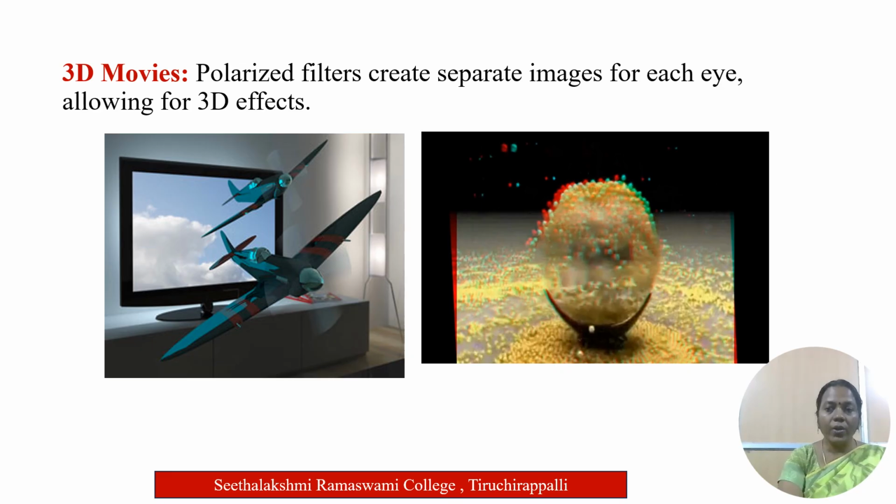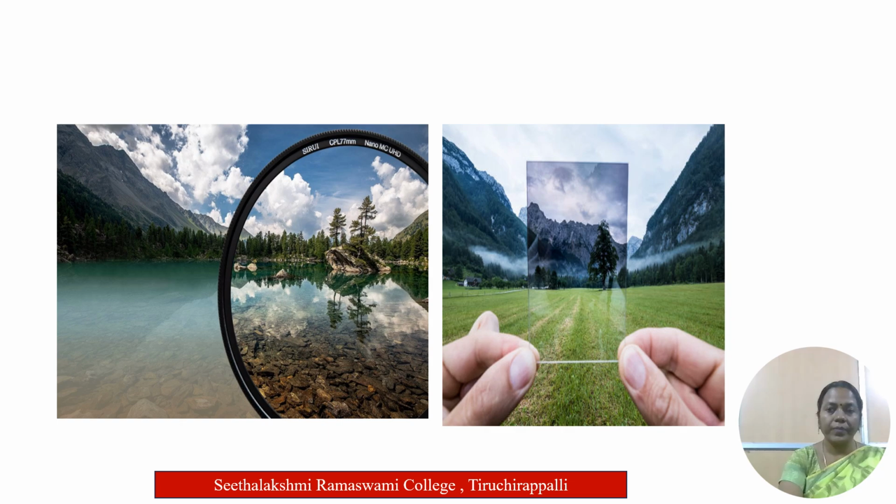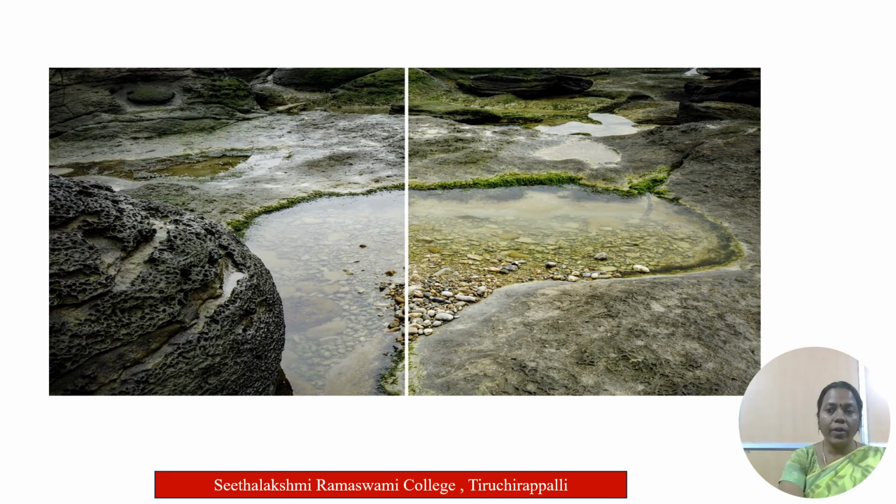And Polaroids are used in 3D imaging and movies through polarized light technology, which enables stereoscopic vision. Polaroid provides comfort for people sensitive to bright light or reflections. Polaroids cut glare from water surfaces, allowing better visibility of the objects beneath the water surface.